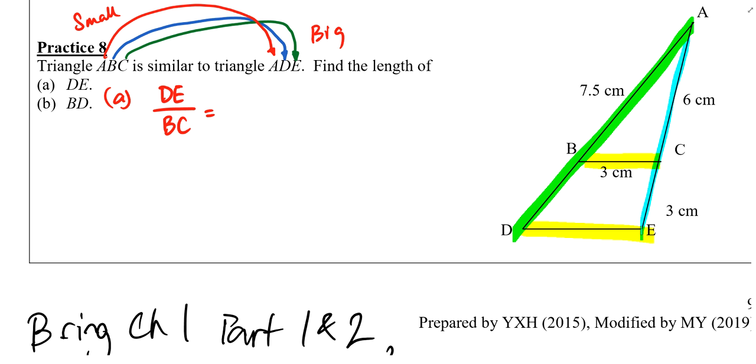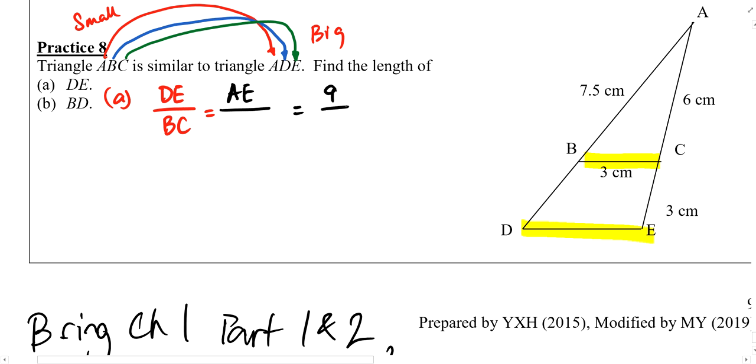AE. Can I use AD? Why not? I don't have the length. So I have no choice but to use AE. And what is the length of AE? This must be AE, which we know is going to be 9. Now AE is this side. So what is the corresponding side to AE? AC, yes.